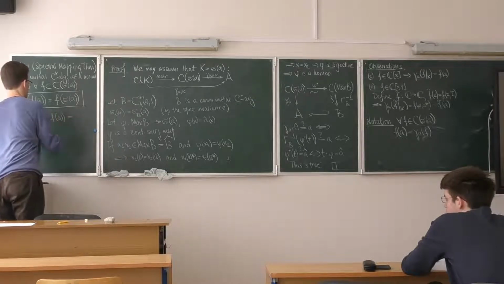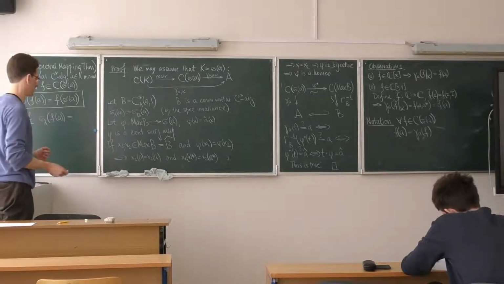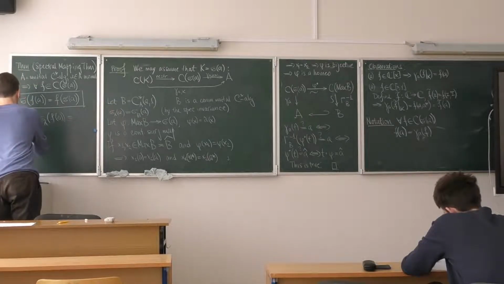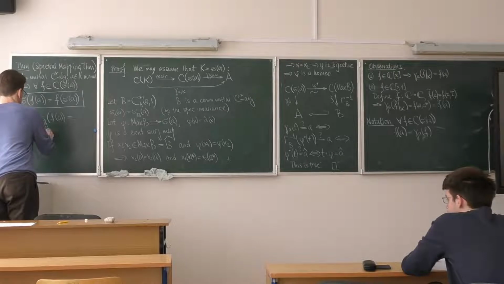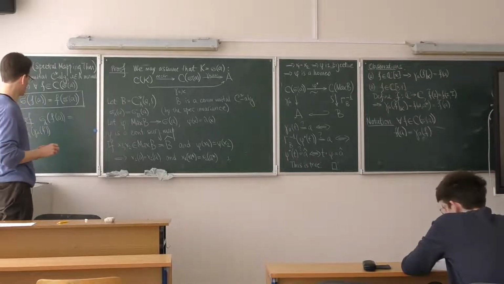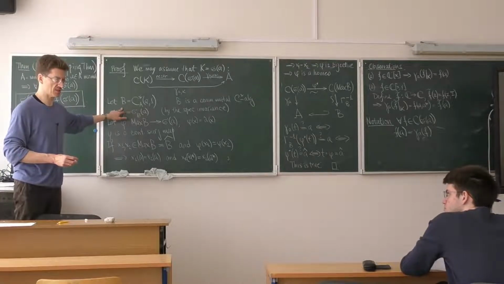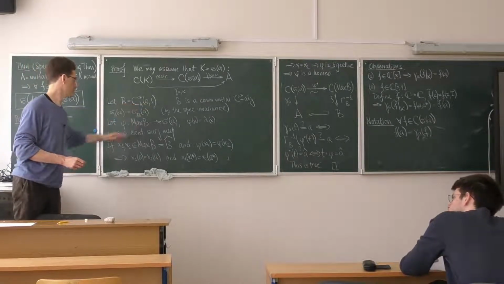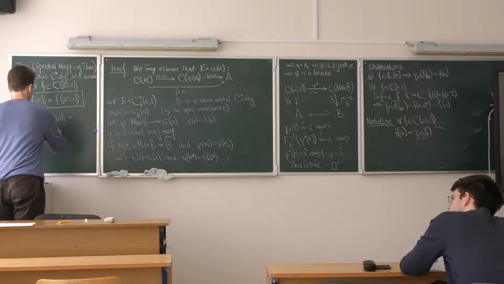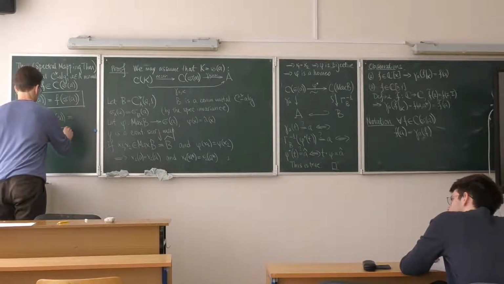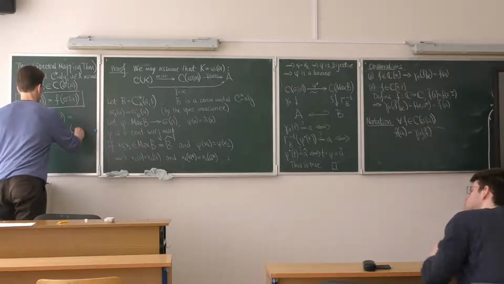Sigma of f of A, what is this? First of all, f of A is gamma of f, just by our definition. And let's now replace A by B, the C-star subalgebra generated by little a and 1. And by the spectral invariance, the spectrum will be the same.